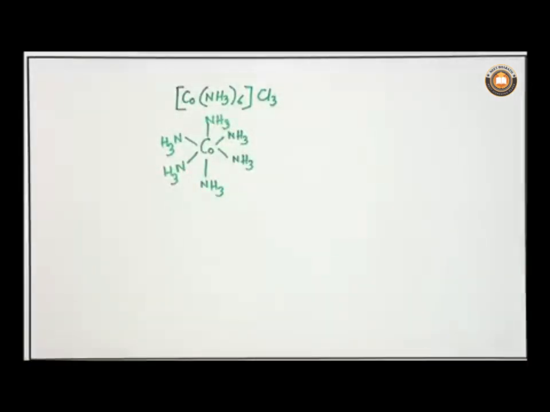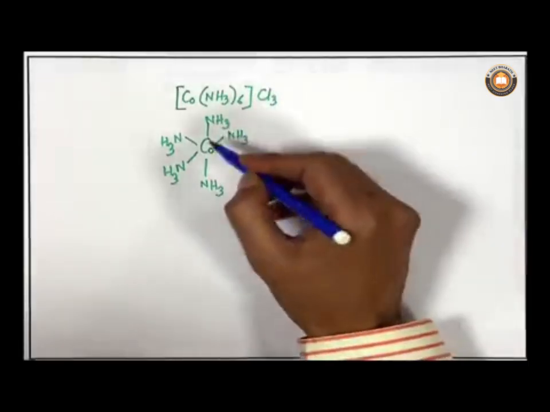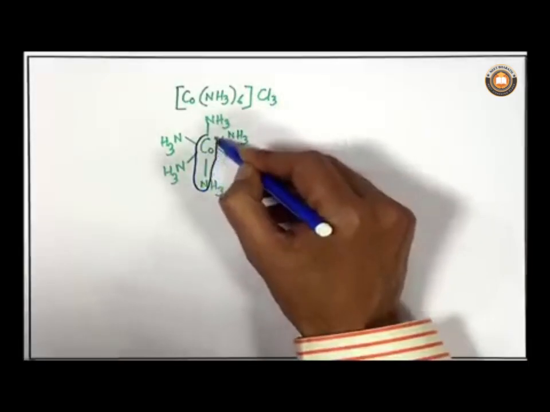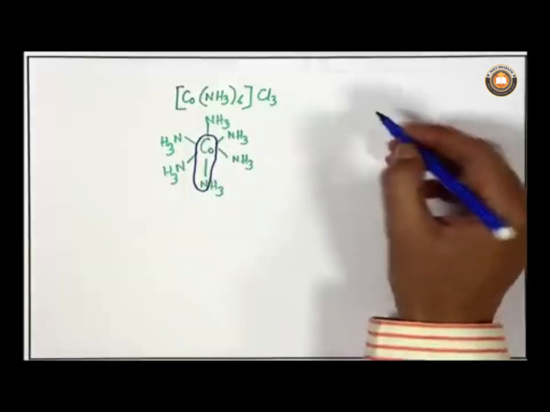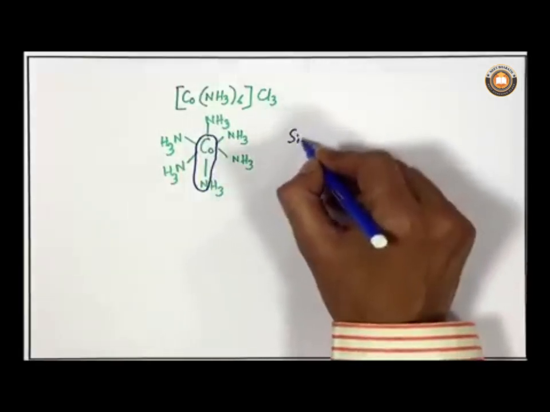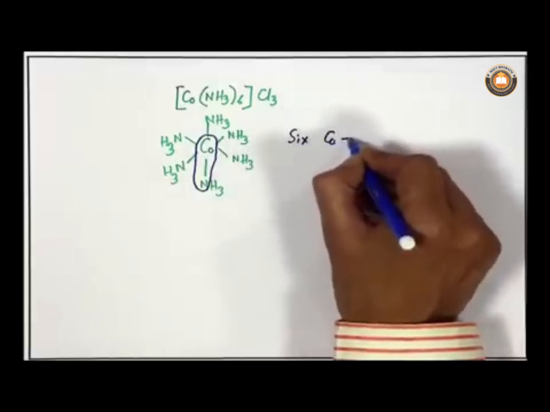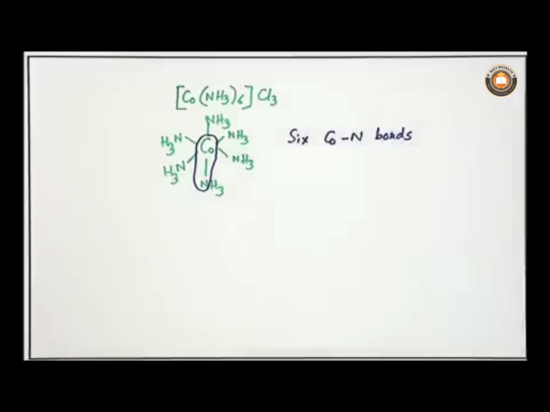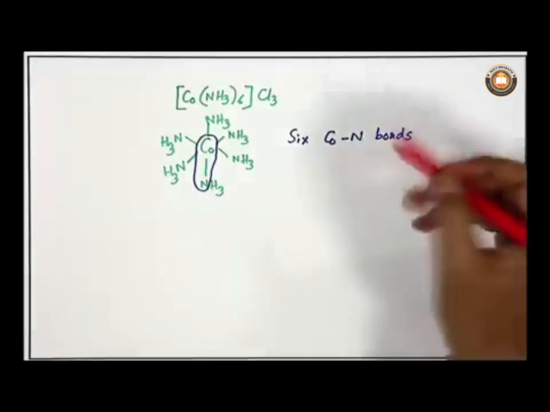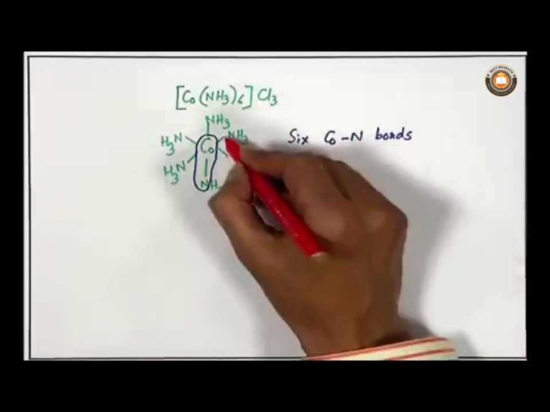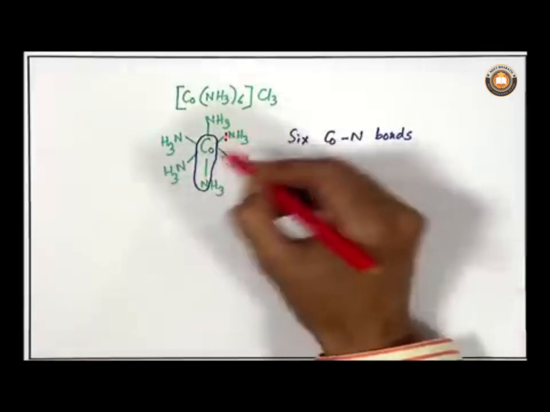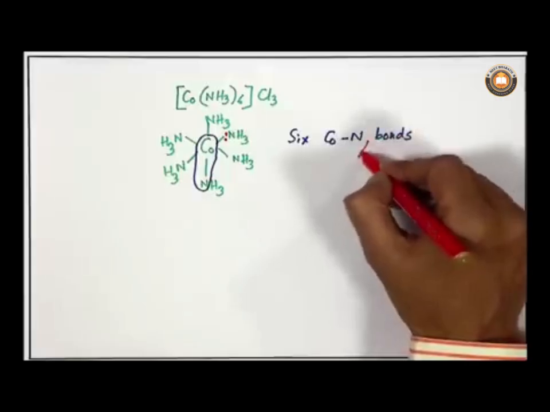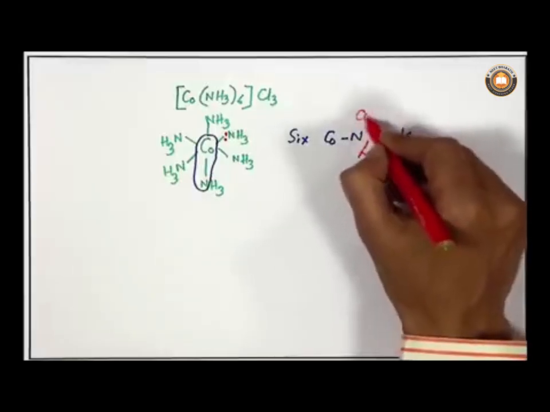So, how do we know that? We will have all 6 cobalt nitrogen bonds, and obviously, these are formed due to the donation of the ammonia lone pair to the cobalt orbitals. And what type of bonds are these? These are coordinate bonds.